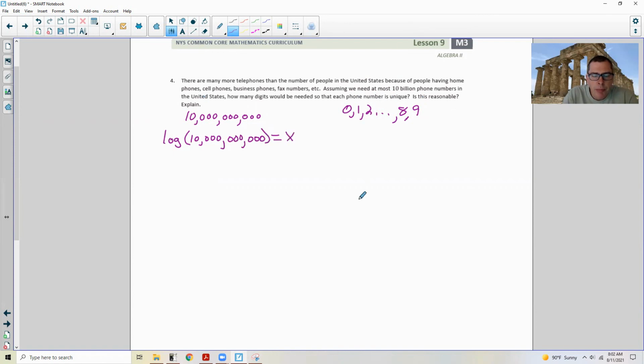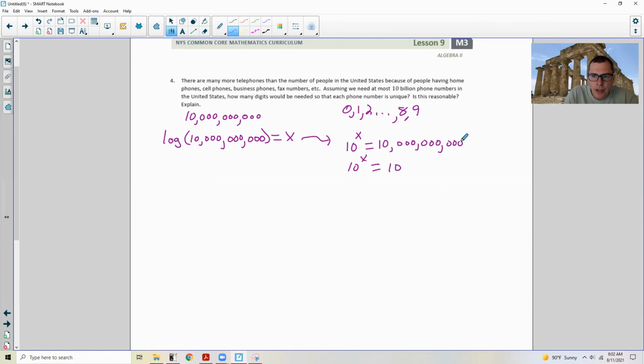equals some number. So then off to the side here, I'd convert that into an exponential function. So the base would be x. Just kidding. The base is 10, it's not there. 10 to some power equals 10 billion. So then I'd rewrite this as 10 to the x equals 10 to what power gives me this?